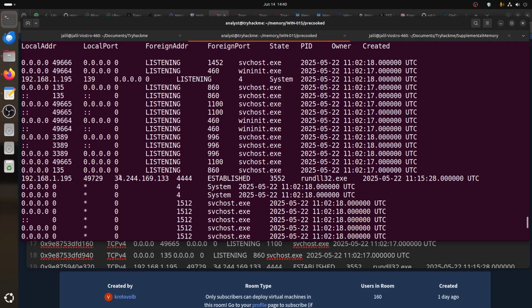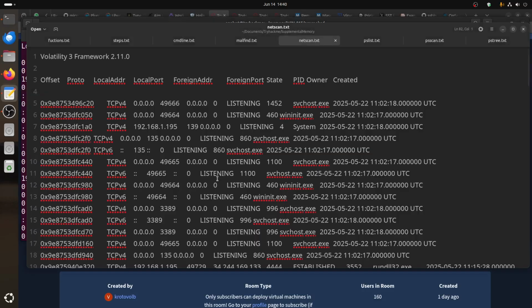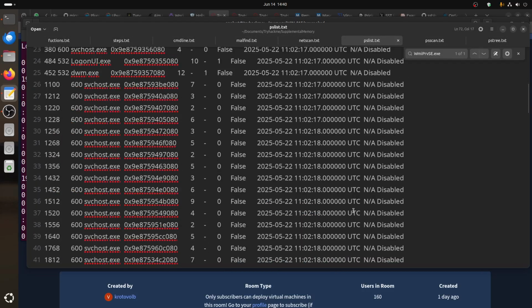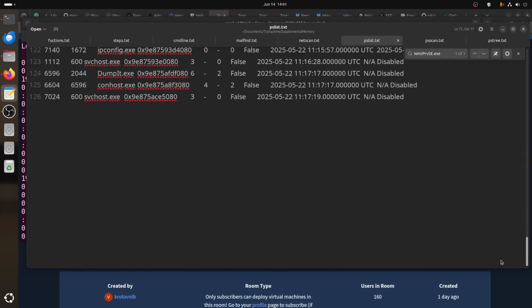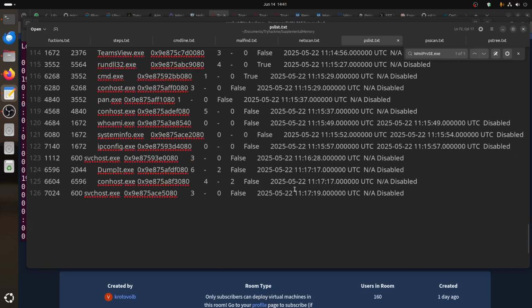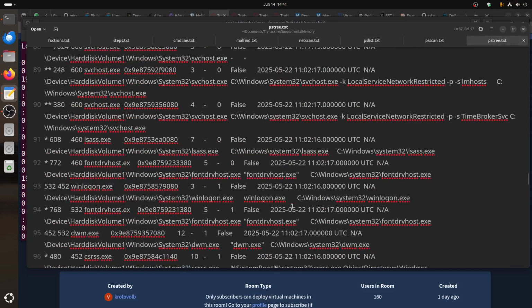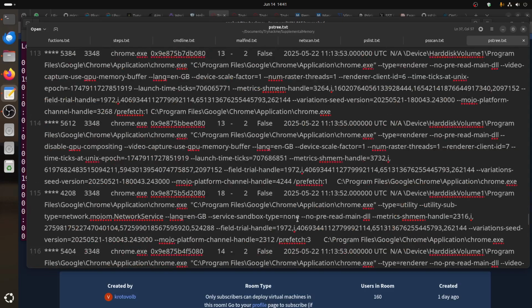This IP is connected to 34.1, but this one is running in process 3552. 3552, it's the other process. If you go to pslist, it's the one that is responsible for the, not pslist, this, pstree.